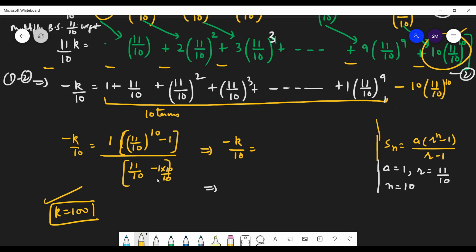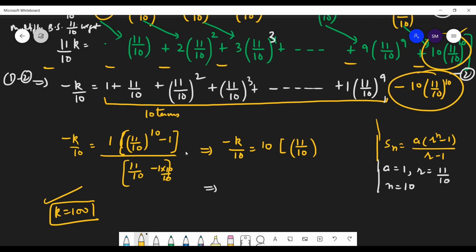Okay. So what do you get? In the denominator, there will be 1 by 10, which will be multiplied in the numerator. So it will be 10 into this, 1 by 10 will be 10 here, and 11 by 10. Students, where is this term?